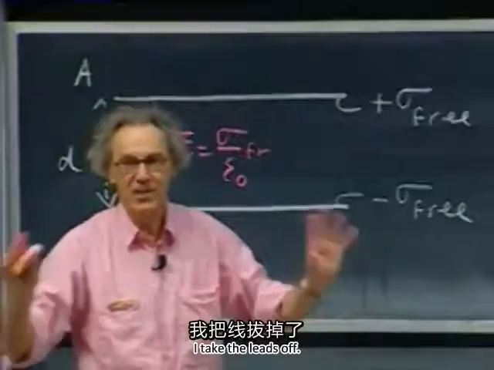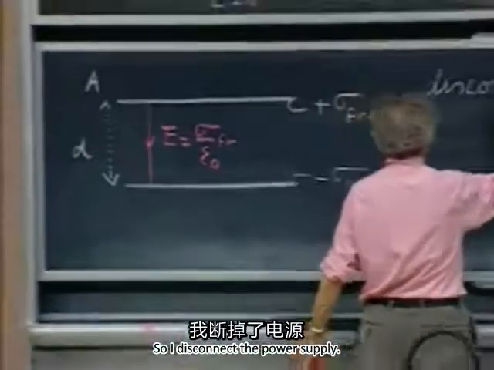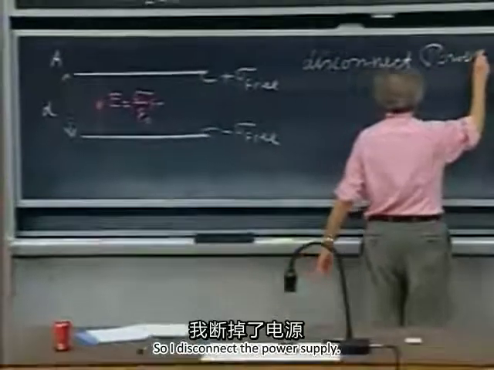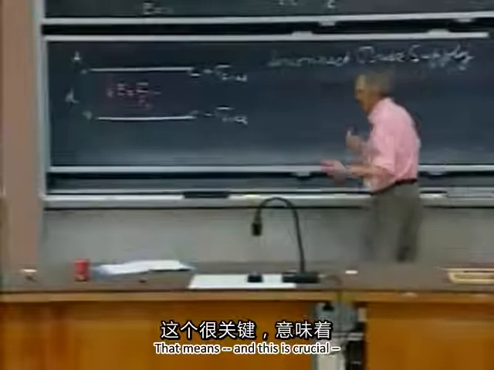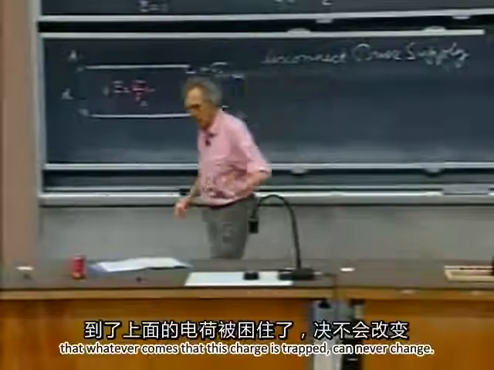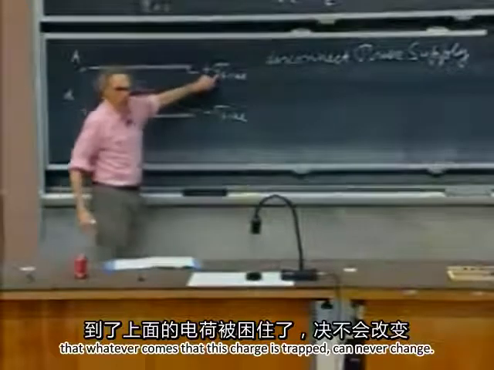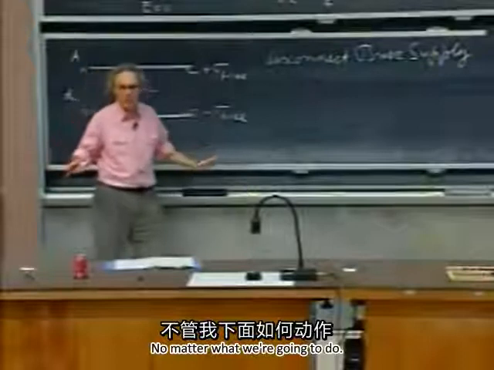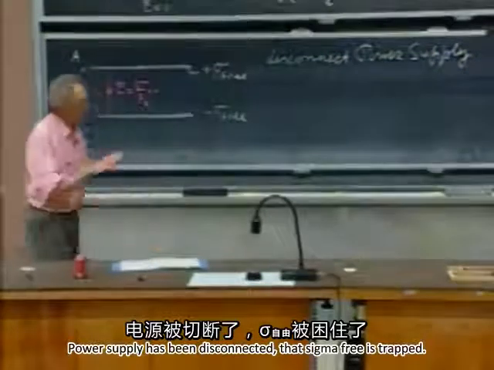I take the leads off. So that means, and this is crucial, that whatever comes, this charge is trapped, can never change. No matter what we're going to do. Power supply has been disconnected, that sigma free is trapped.